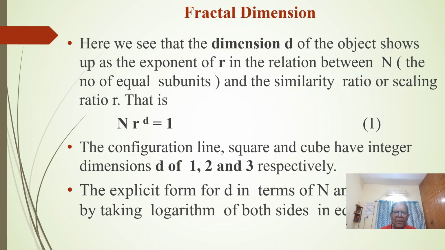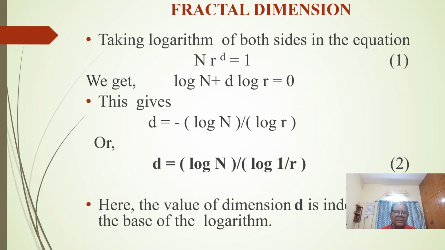The explicit form of d in terms of n and r is found by taking the logarithm of this equation. So if we take the logarithm of both sides and simplify a bit, we get d is equal to log n by log of 1 by r. Here the value of dimension d is independent of the base of the logarithm.